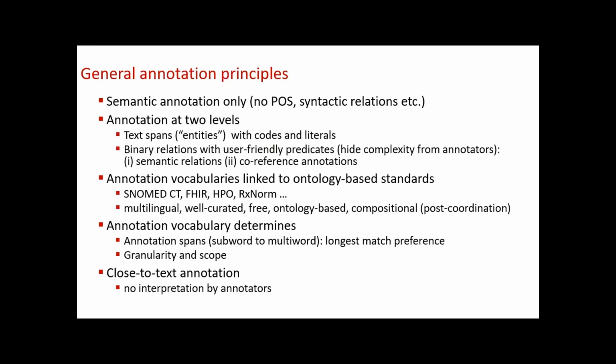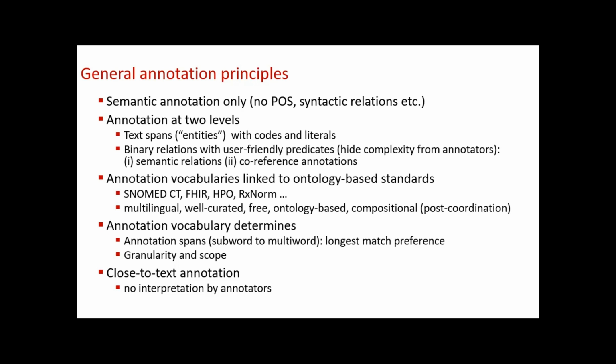Together we tried to formulate such annotation principles. The principle we pursue is that we do semantic annotation only. So no POS annotation, no syntactic relations, nothing, only semantic annotation, and only at two levels. The one level is the text spans, so-called entities, and they are annotated with codes or with literals, for instance dates or numbers. And then they are linked by binary relations with user-friendly predicates.